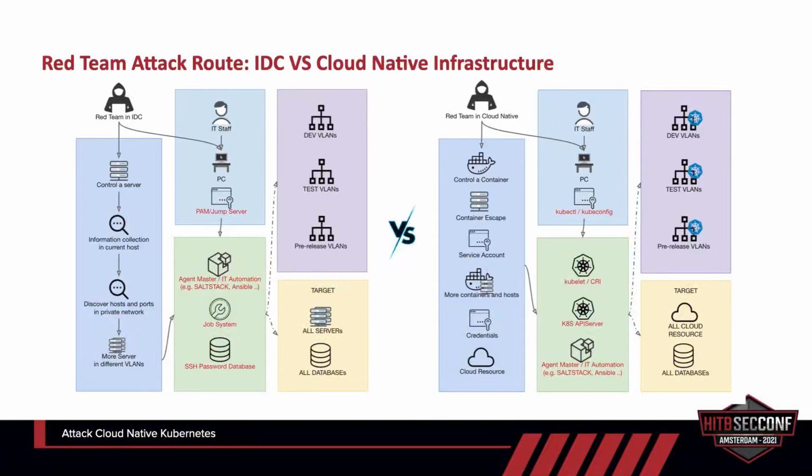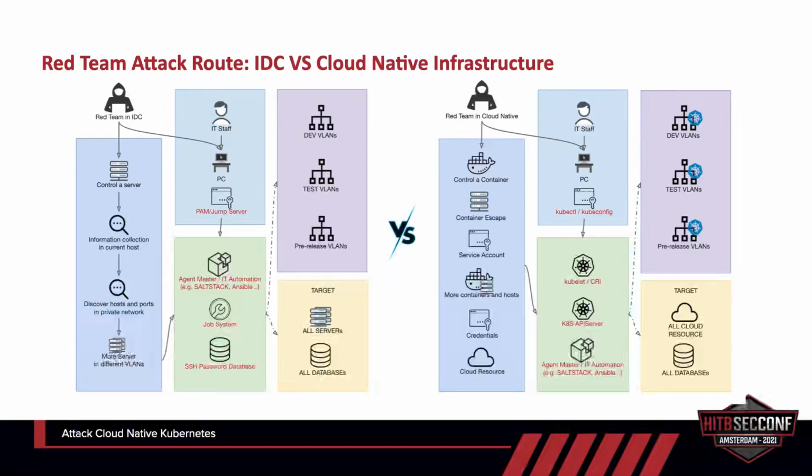But now, different applications are running in containers and use Kubernetes for deployment, scaling, and management. Developers no longer use SSH for the operation, but kubectl or secondary development tools like Dashboard with a web console. So the target of the red team on PC is searching the configuration file instead of the credentials of SSH or Jumpserver.